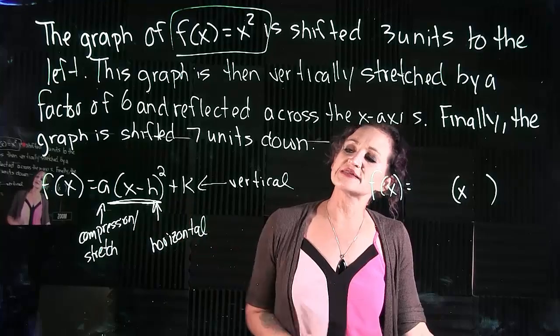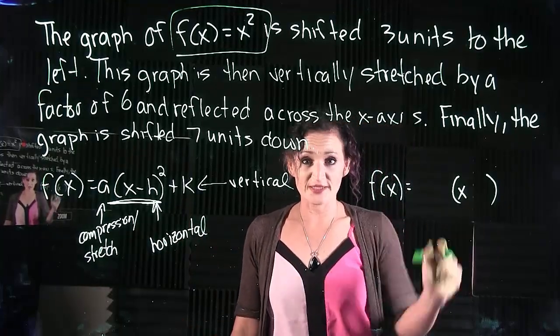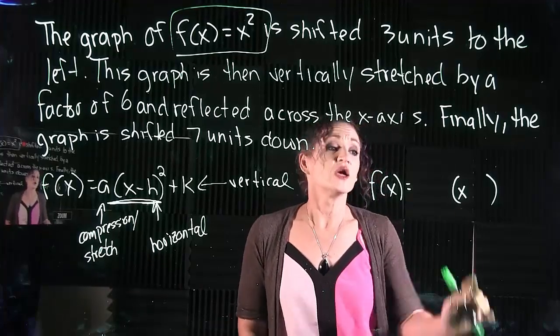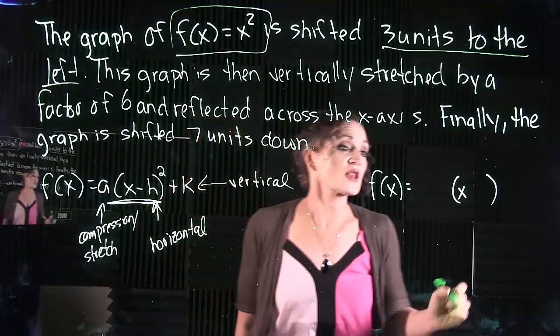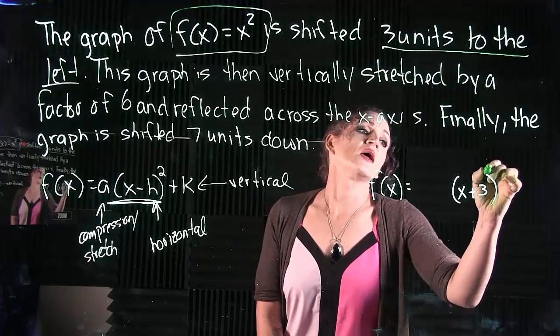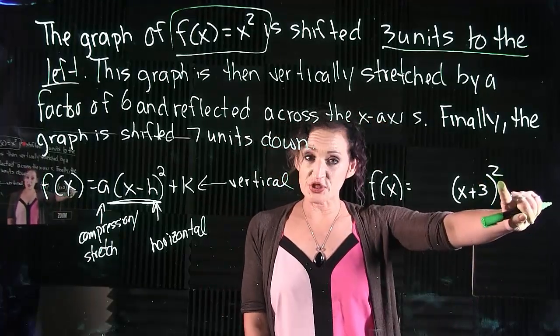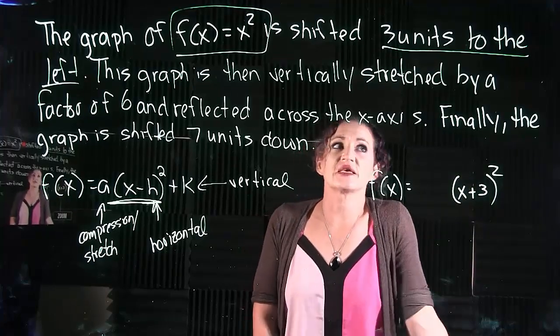Now the thing about inside the parentheses is if you have a shift to the left, you're going to use a plus. If you have a shift to the right, you're going to use a minus. Ours says we have 3 units to the left, so that's going to be signified by having a plus 3. And we are talking about a quadratic equation, so there should always be the little 2 above those parentheses there.